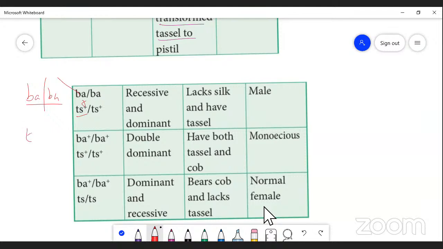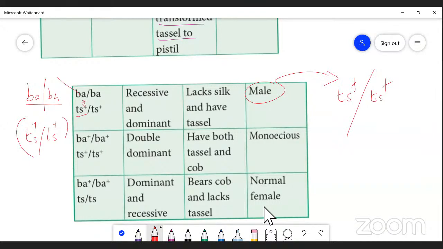So here ts plus and ts plus, both of them are double dominant characters. Due to the presence of this ts dominant, and both of them found in a plant, what is its nature? It is going to be determined as maleness, because maleness is determined by the ts dominant allele. Actually, double alleles are present in the determination of maleness.